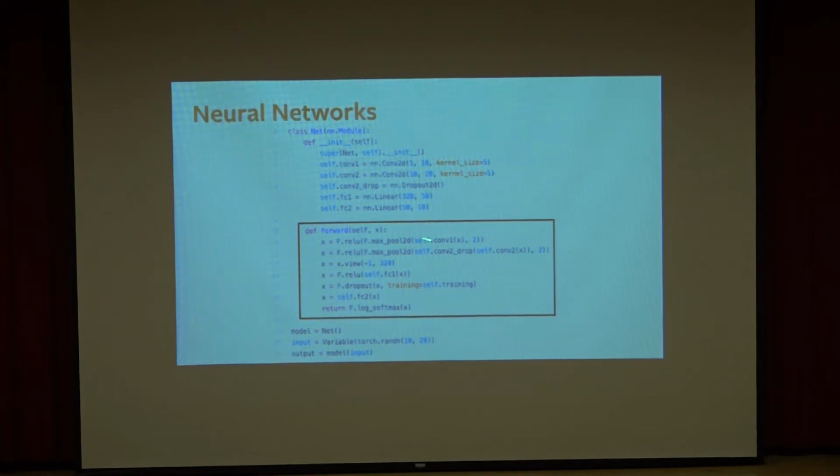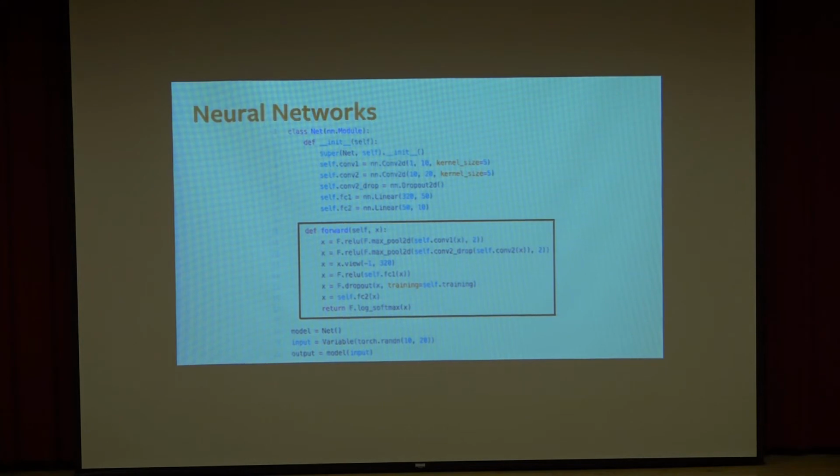So here my input is x. x is going through the convolution layer, and the result of that goes through a max pooling layer, and the result of that goes through a ReLU layer. And similarly, another set of operations, and then I reshape my x, and then I send it through a fully connected layer, and I apply some dropout, and then finally another fully connected layer, and I send it through a log softmax operation, and I return.